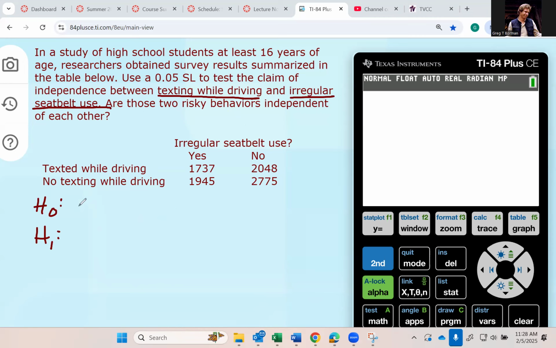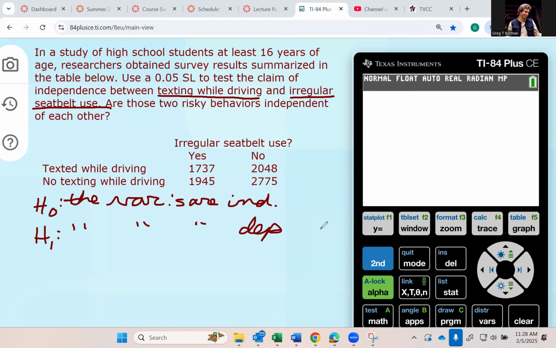Okay. So when you have a test of independence, the null hypothesis is always the same thing. The variables are independent. And H1 is the variables are dependent.